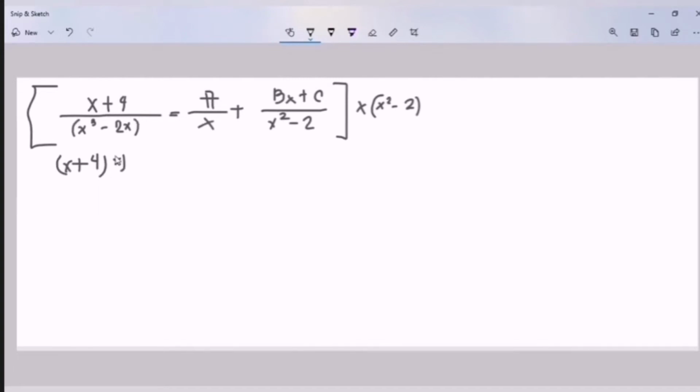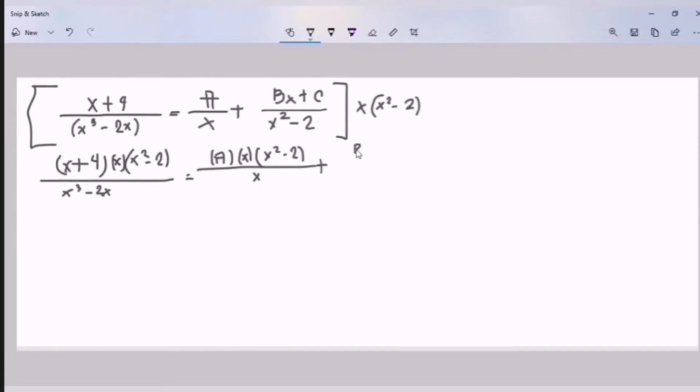That would be x times the quantity x plus 4, multiplied by x squared minus 2, all over x cubed minus 2x, equals A times the LCD over x. That would be A times x squared minus 2 all over x, plus the quantity Bx plus C times x times the quantity x squared minus 2 all over x squared minus 2.